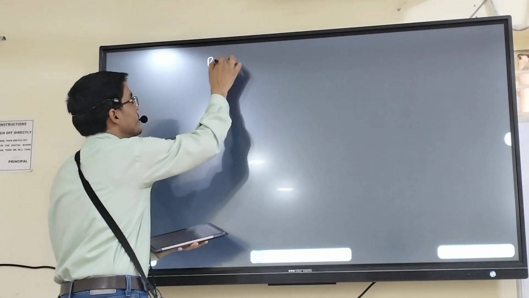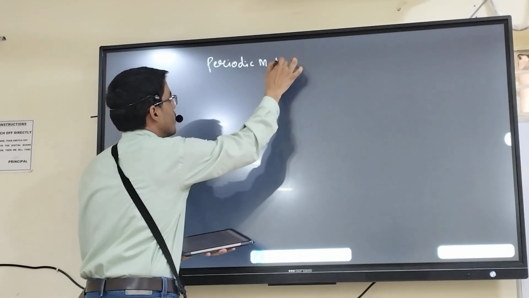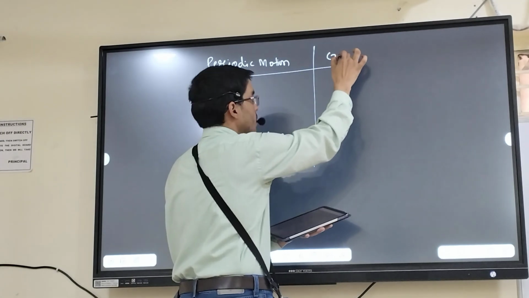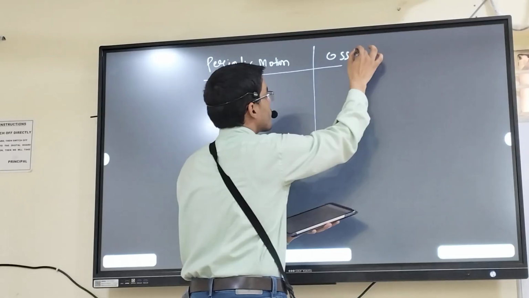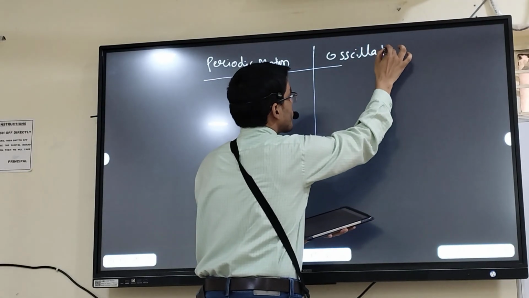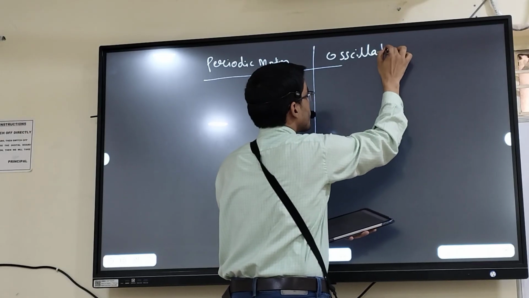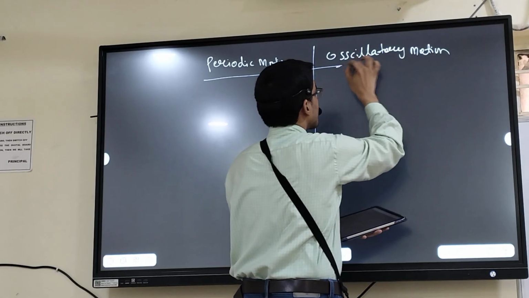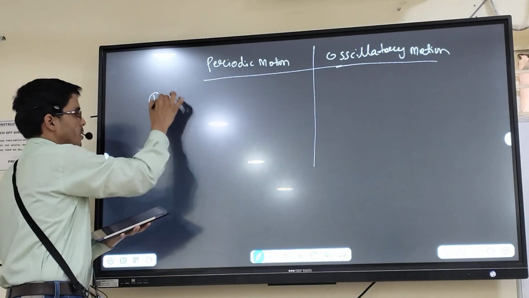Next, write the difference between periodic motion and oscillatory motion. So what is periodic motion?